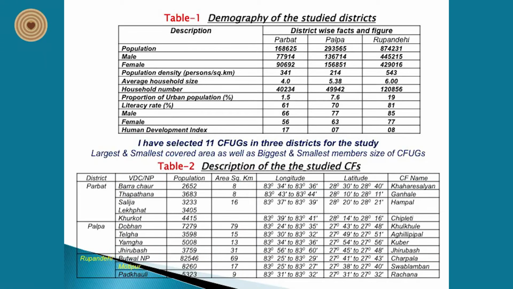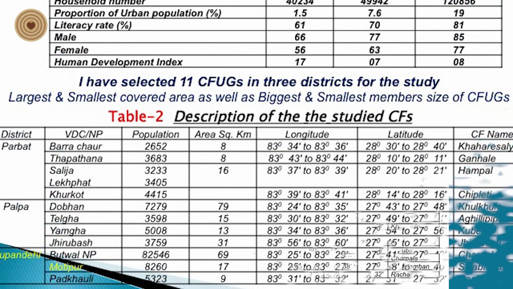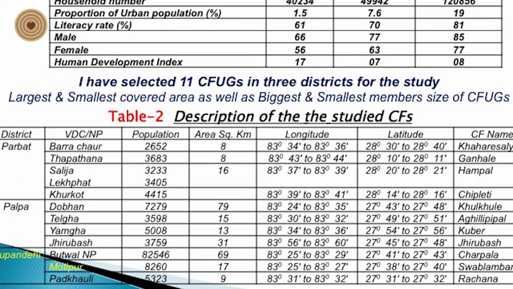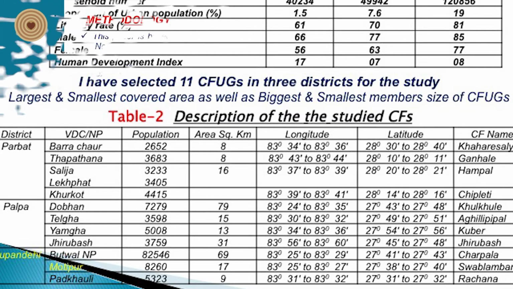Demography of the study area: you can see the population, male, female, population density, average household, urban population, literacy, male, female. I have selected 11 community forests, 2 from each district: the bigger size community forest and smaller size community forest by area, and the bigger household community forest and smallest household community forest.